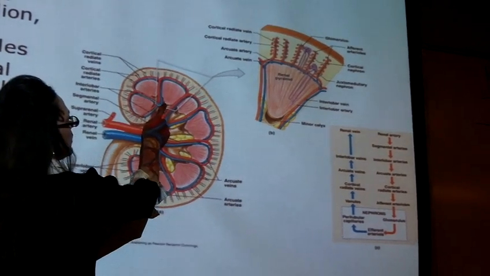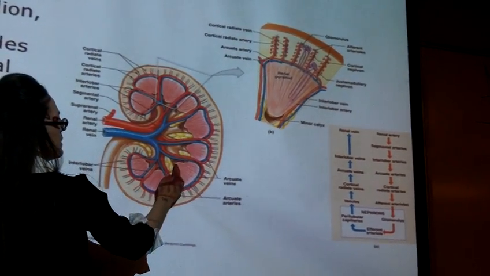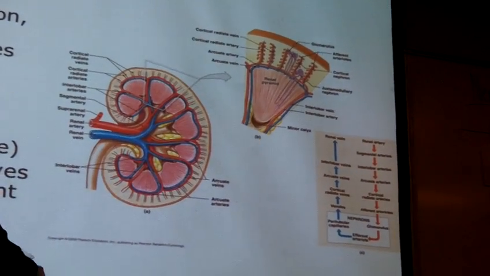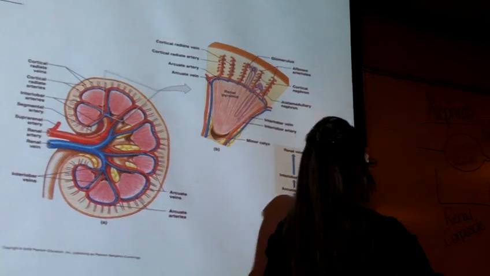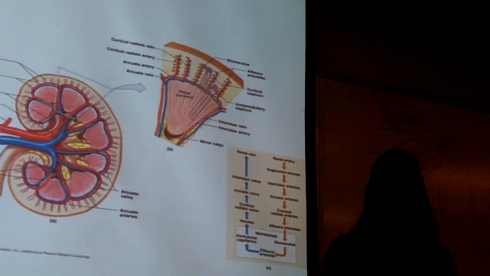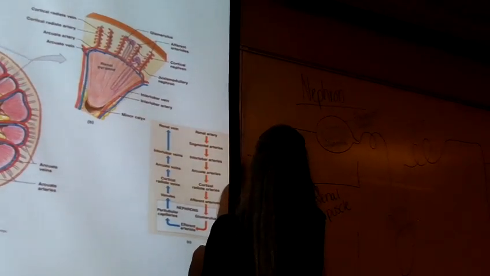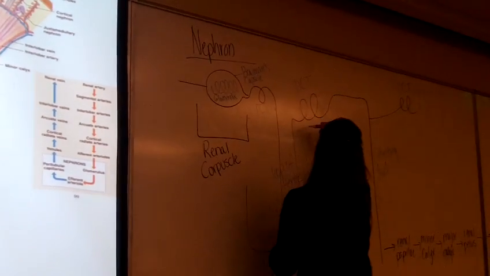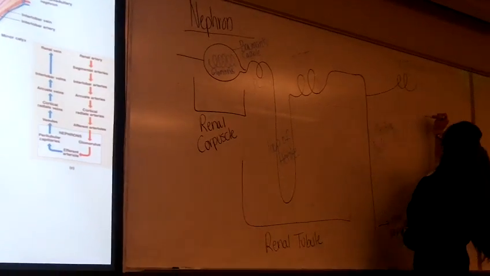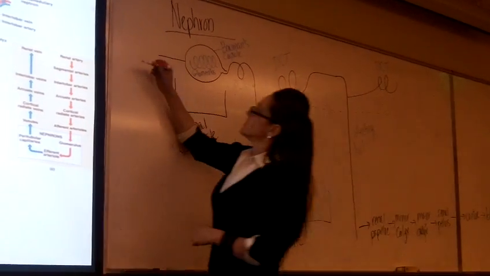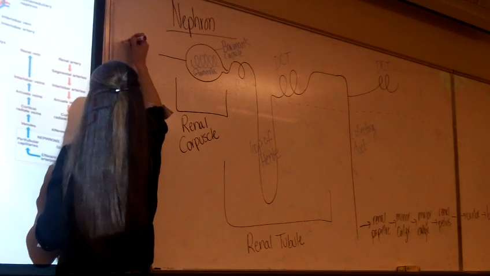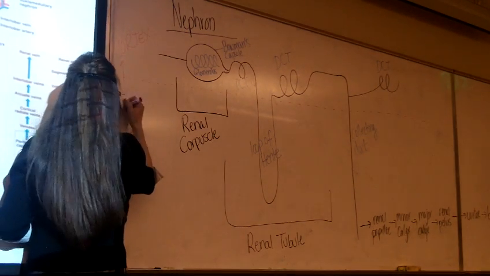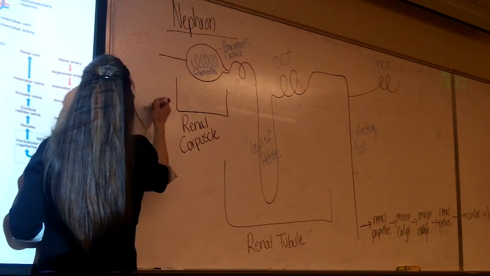And then the renal papillae are here at the tips, and then the calyces, renal pelvis, ureter. So when we're looking at this top part, about like that, this right here is the cortex, and going this way is the medulla.